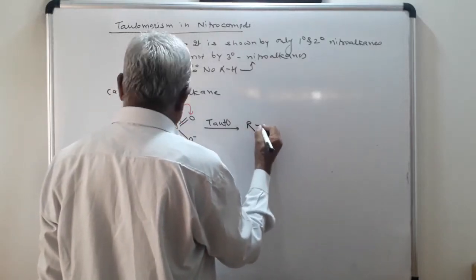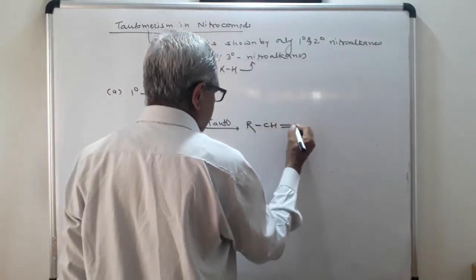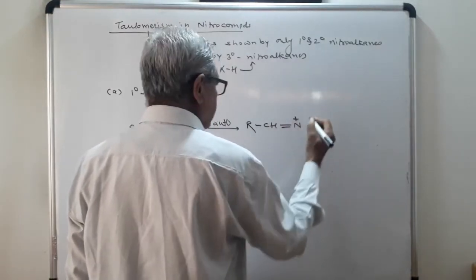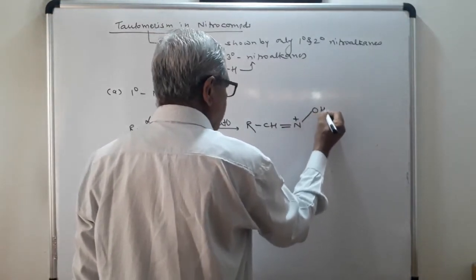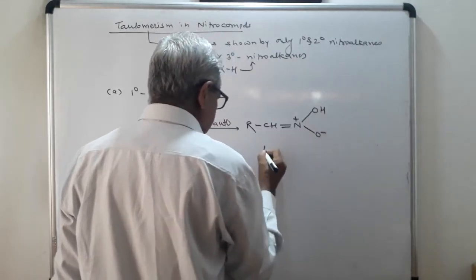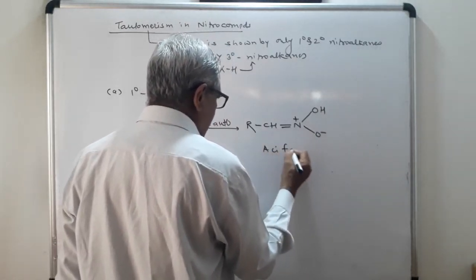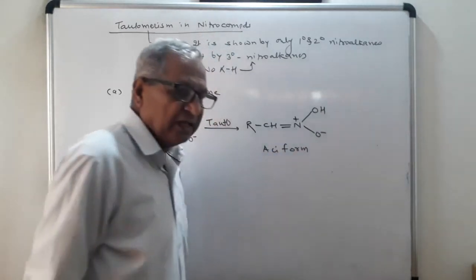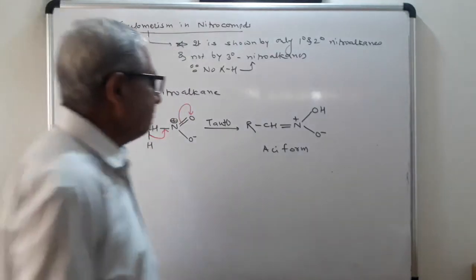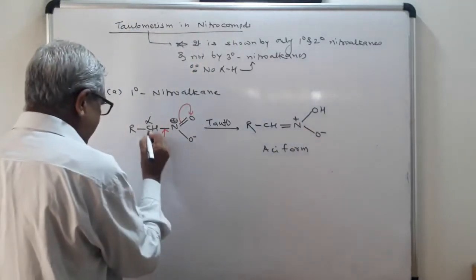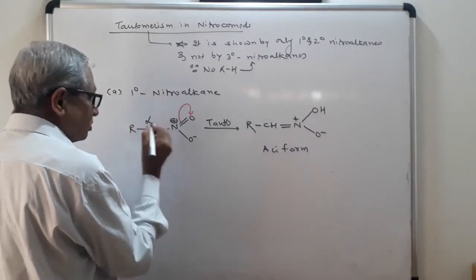Therefore, you will get here RCH double bond N positive charge, OH, O minus. This is called the aci form. Aci indicates acidic form because this hydrogen is attached to the electronegative oxygen, while carbon is electropositive.